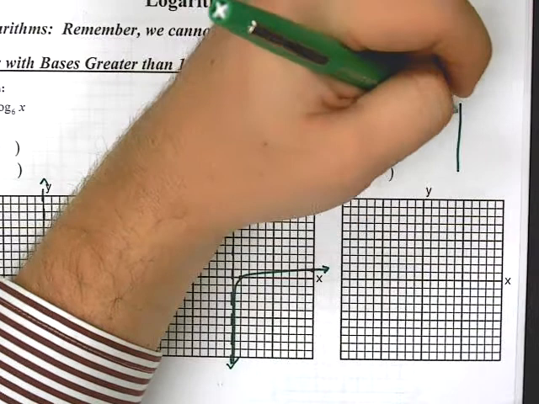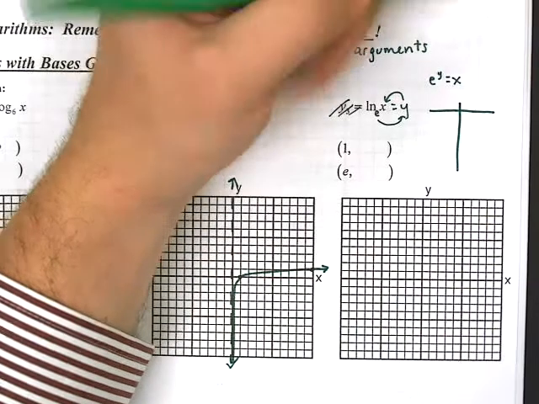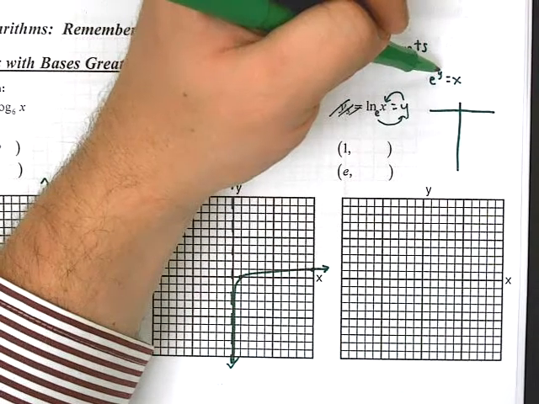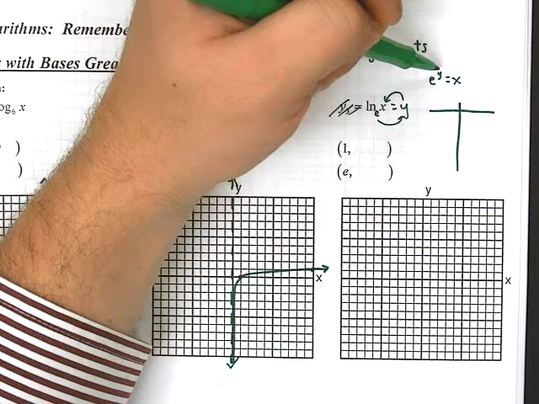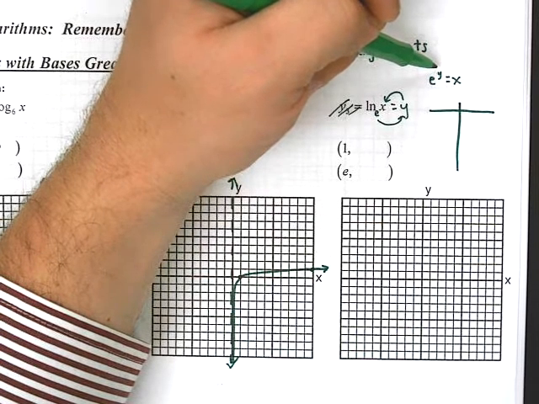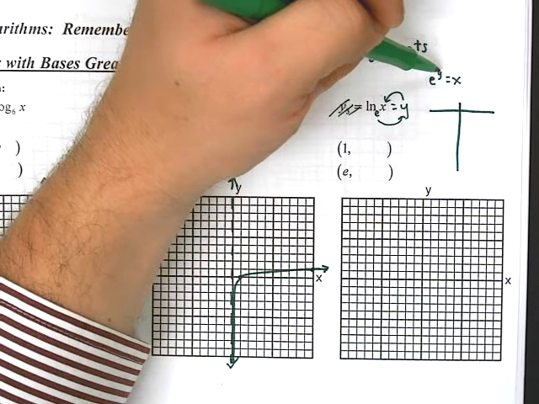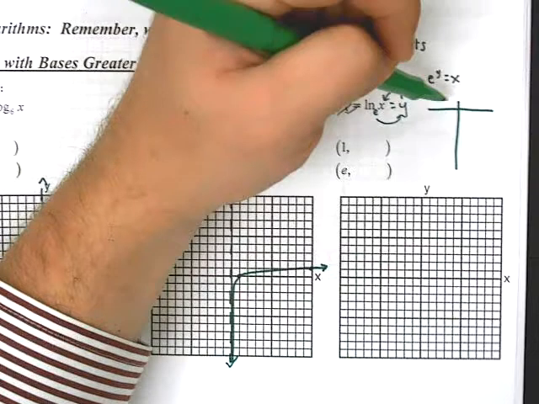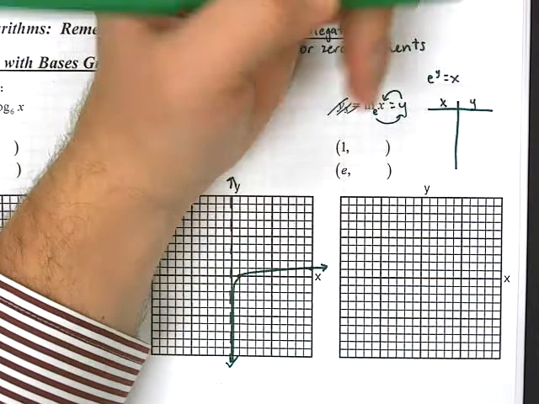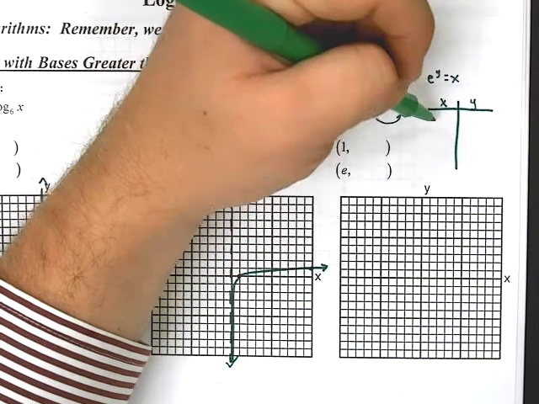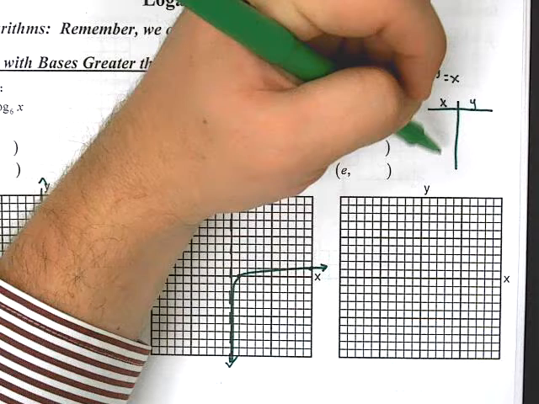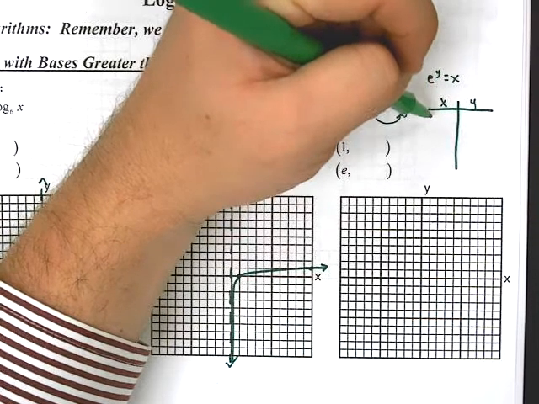I know that I can plug in nice numbers such as -1, 0, and 1. The only thing you have to be really careful of is, again, this is the y value. So I am not blindly putting -1, 0, and 1 in for my x column.